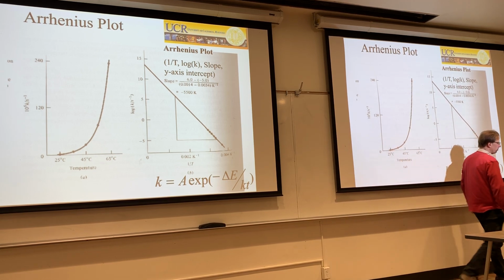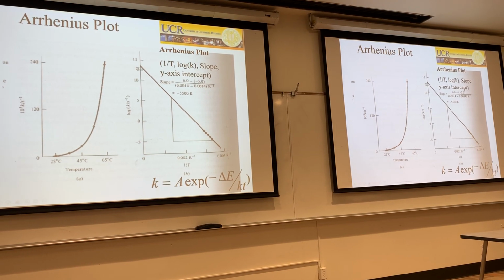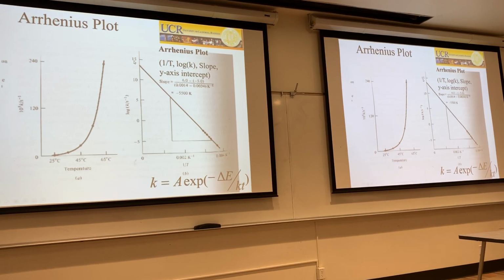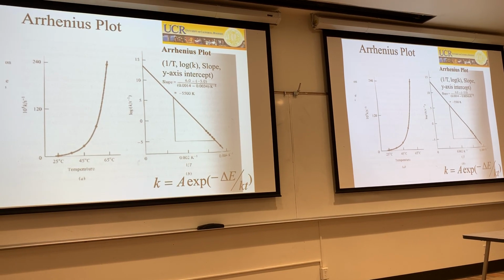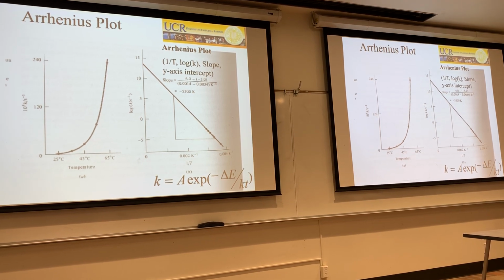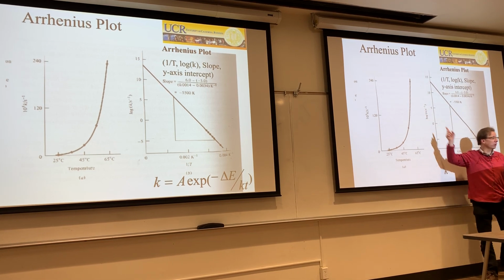So you could right away read from this graph that the intersection is about at 13, so the pre-exponential factor has to be 10 to the 13.